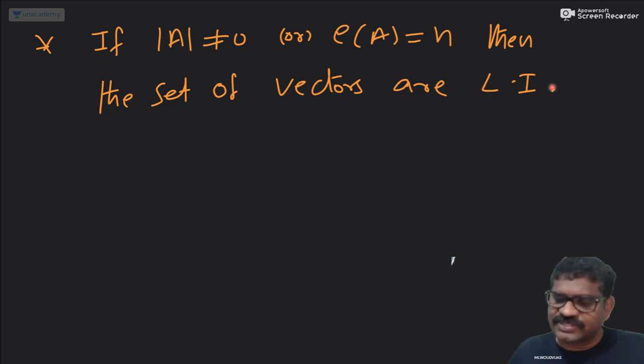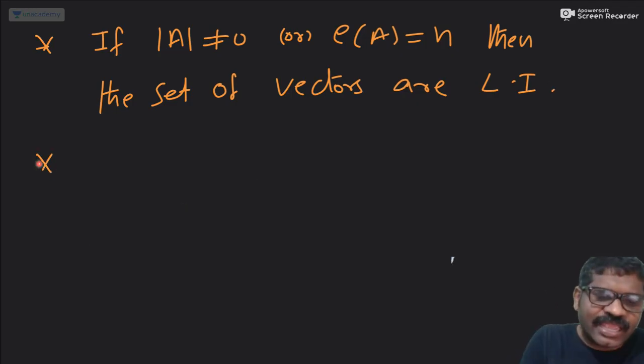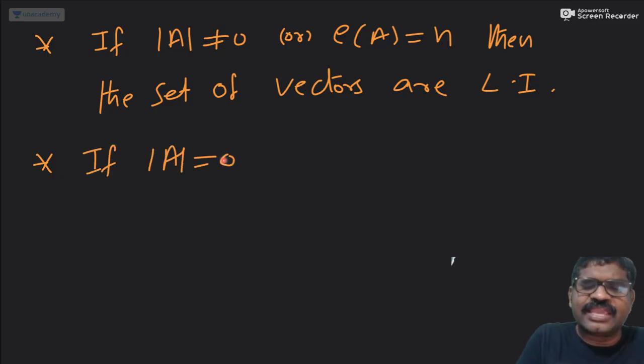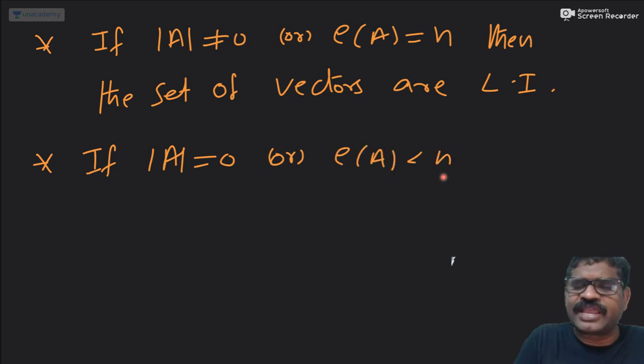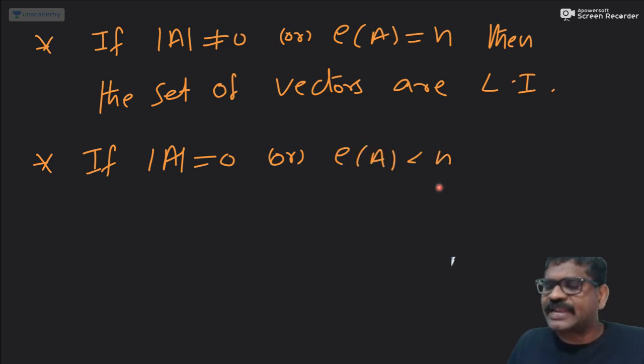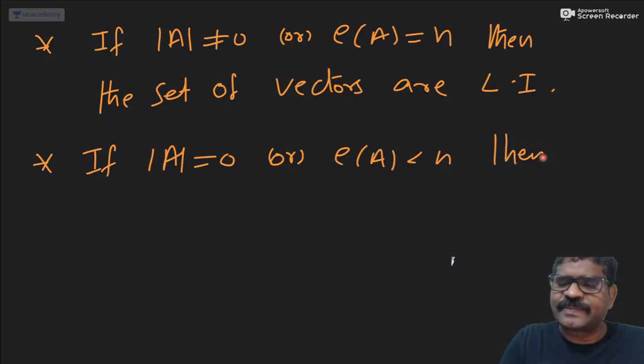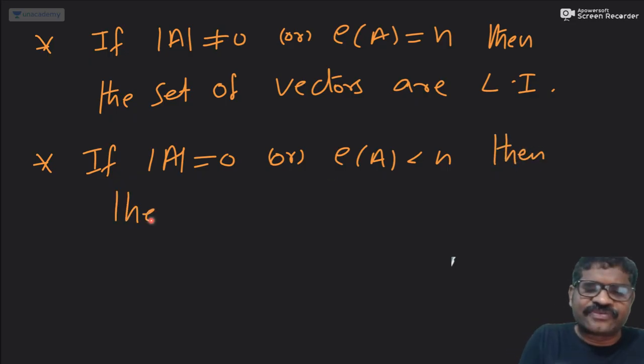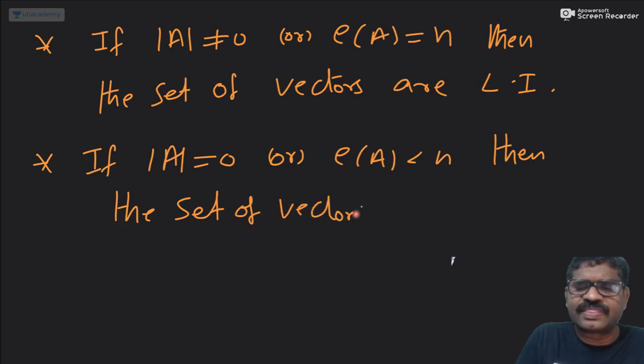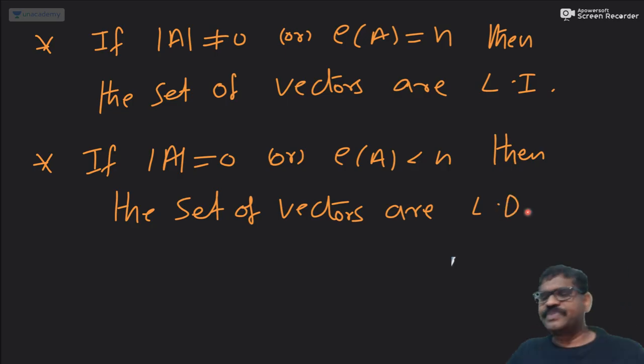This is the first slide. If det A equals 0 or rank of A is less than n, then the set of vectors is linearly dependent.